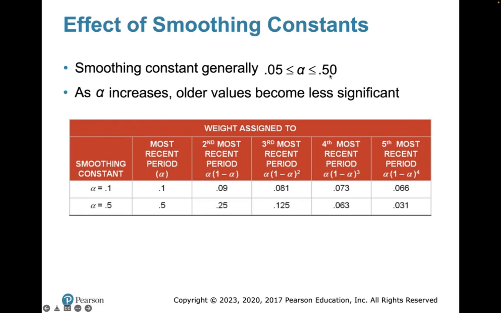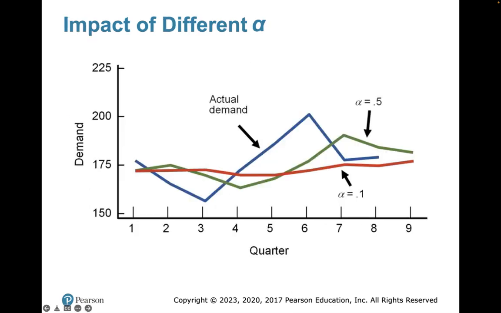If the alpha increases, what we're suggesting is that the older values become less significant. In fact, if you make the alpha 1, then there is no weight whatsoever. So just so you have an understanding of what happens when we change the constant.